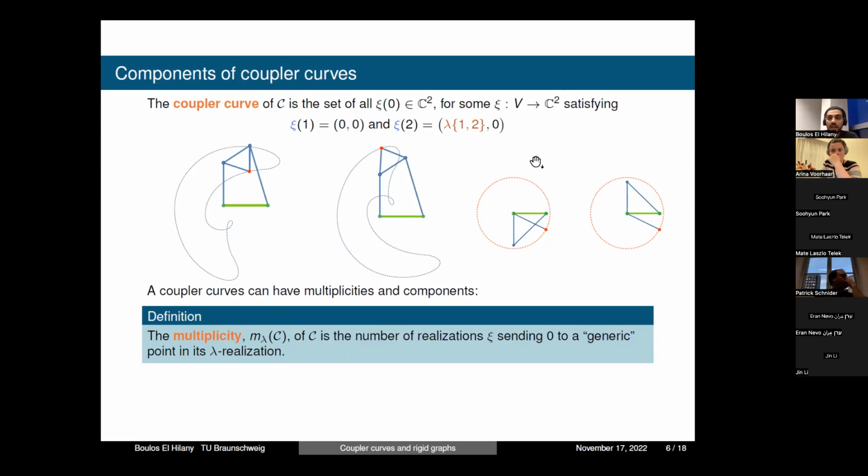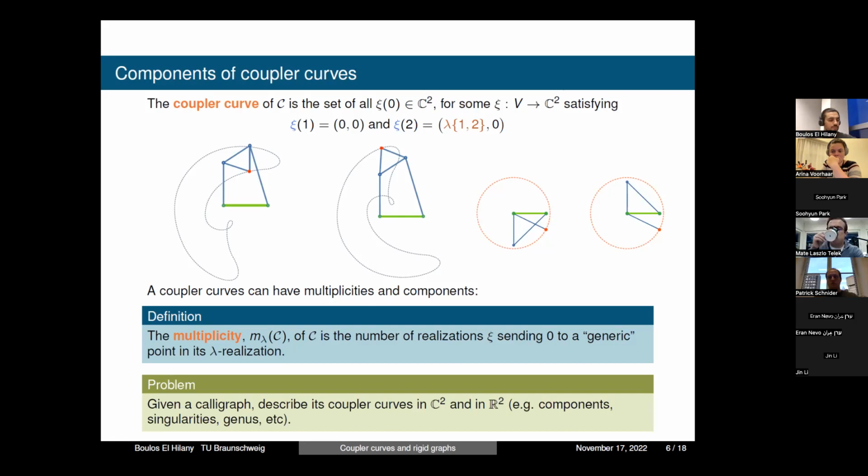It coincides with the algebraic multiplicity in the sense that if I look at the equations, I actually have a component that is multiplied by a certain number. So this is another problem: let's say I have a coupler curve. A question is to describe its geometrical properties, for example, the number of components, singularities, genus, the multiplicity, and inflection points if we're looking in R², etc. There are numerous questions.